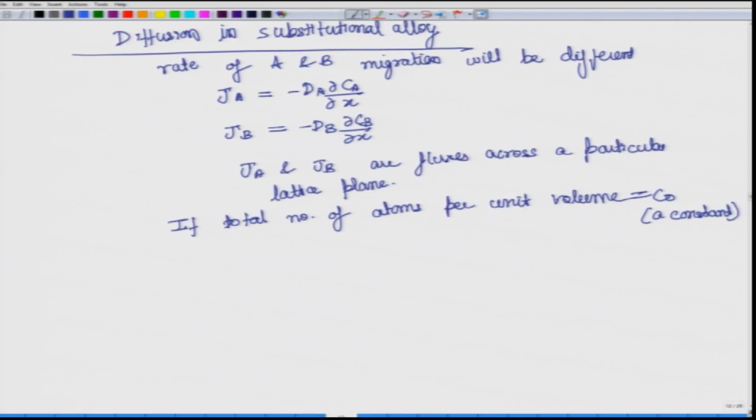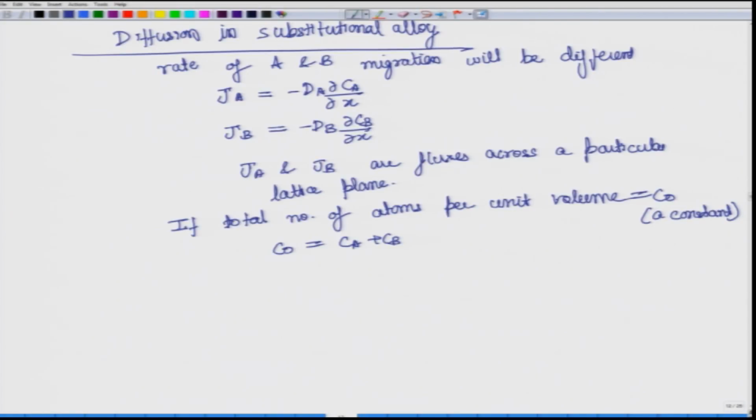It would not be changing with time even if diffusion is taking place. So, C naught must be constant, but C naught is what? C naught is equal to C A plus C B. It has either A or B.